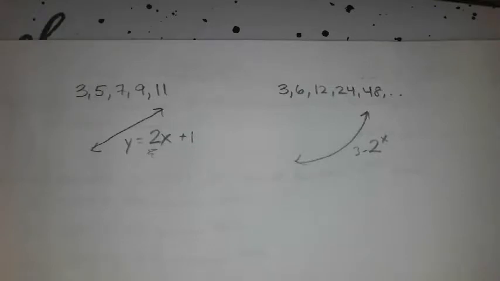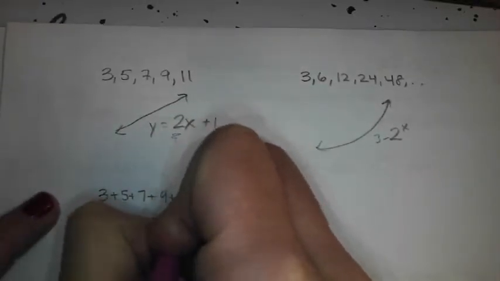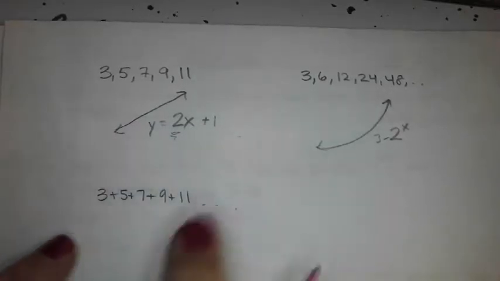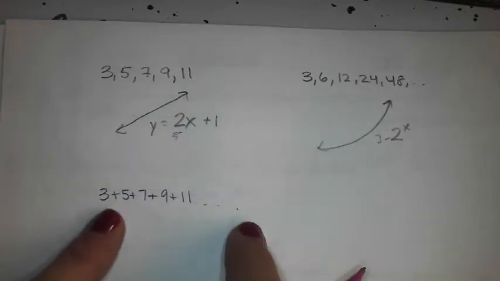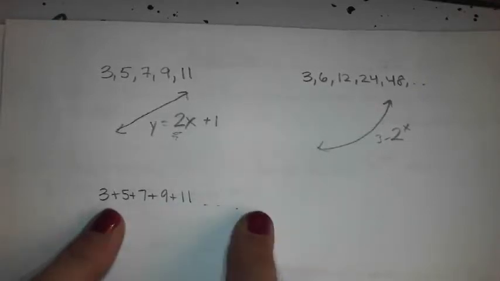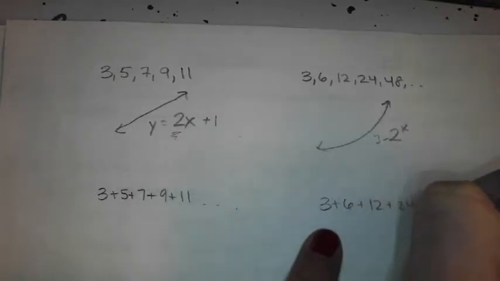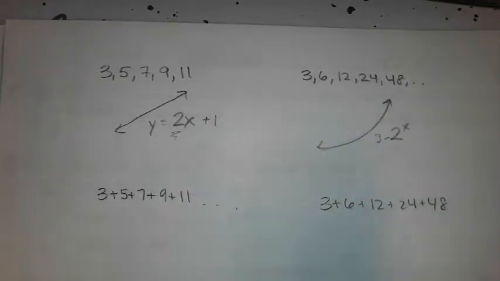And then the series part is a new vocab word, but a series wants to know what happens when you add all of these terms together. What happens if I add the first 100 terms? So I want the series total through 100 terms. Or if I add the first 100 terms of a geometric sequence.